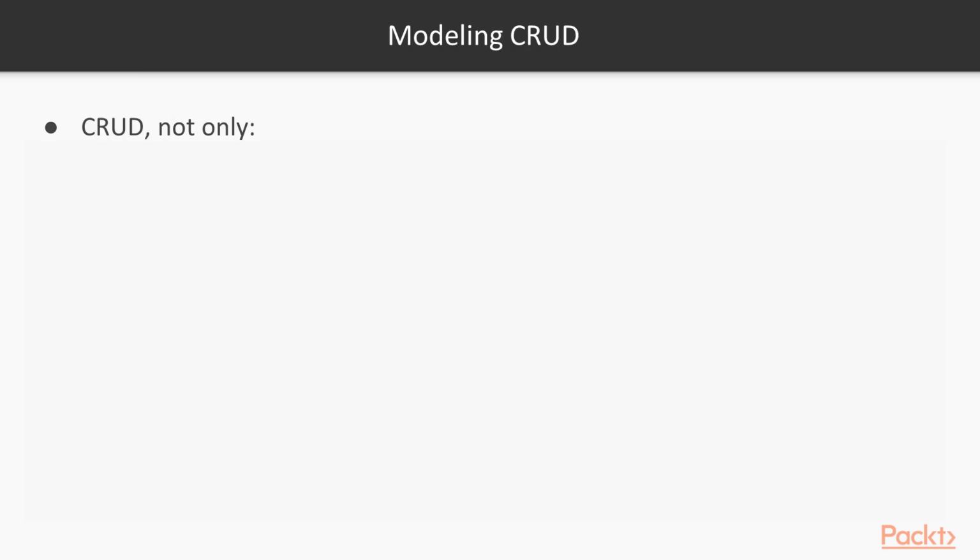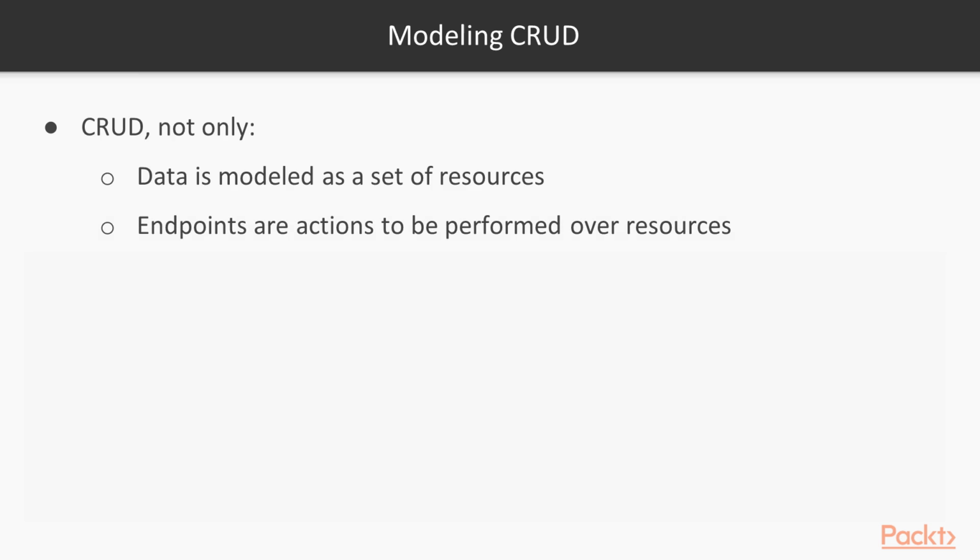Talking about modeling, CRUD is a behavior in which data is modeled as a resource, so something you have to manipulate, and endpoints map to actions performed over resources. This is super important because an endpoint and an HTTP verb compose an action to be applied to a resource.